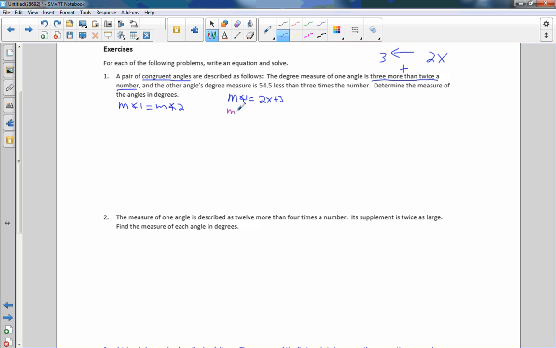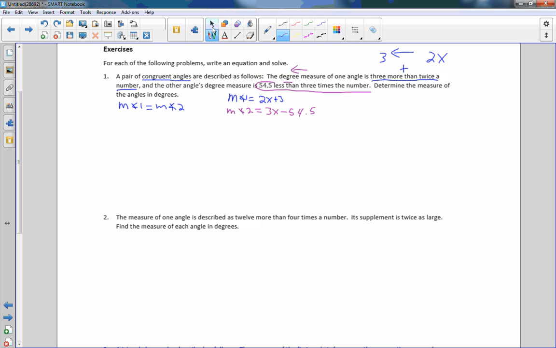The measure of angle 2 equals, and the other angle's degree measure is 54.5 less than 3 times the number. So less than is minus. We're going to work right to left, 3 times the number. So 3x minus 54.5.